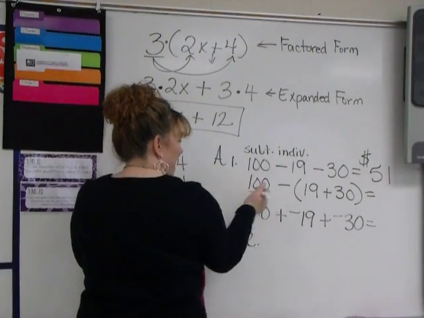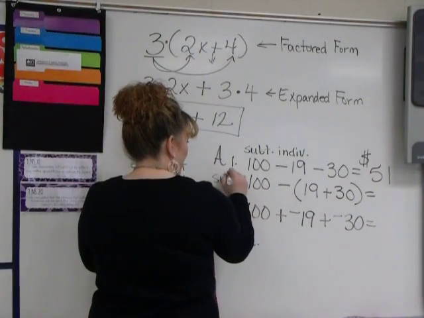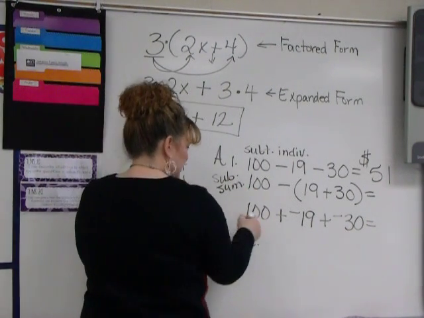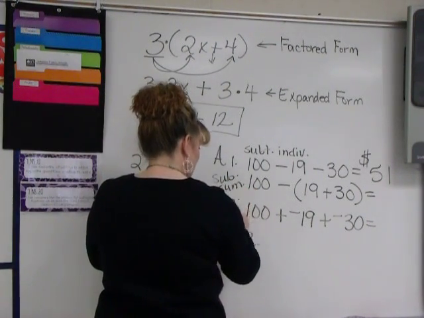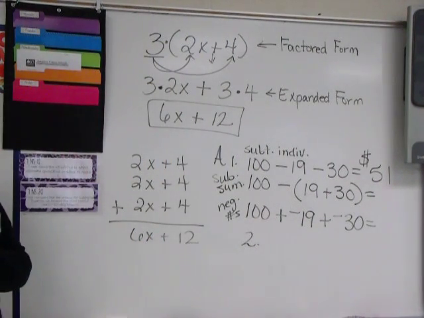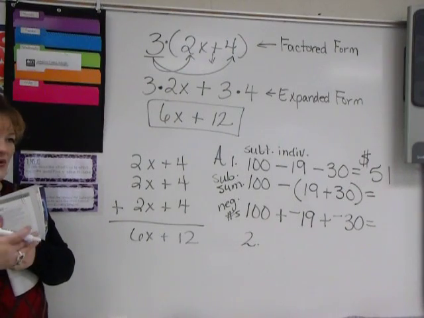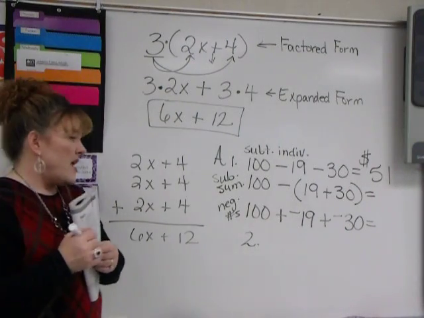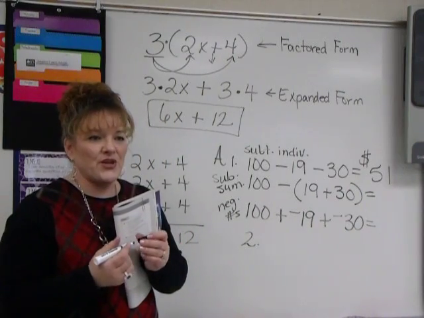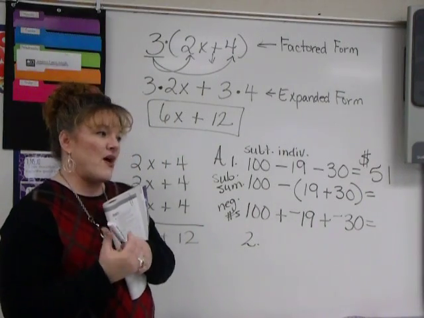This one subtracted the sum of the withdrawals. And this one used negative numbers. So you just had to look at the two different ways that you wrote your number sentences. Number 2 was just asking for a description. How were the two that you chose to write different?